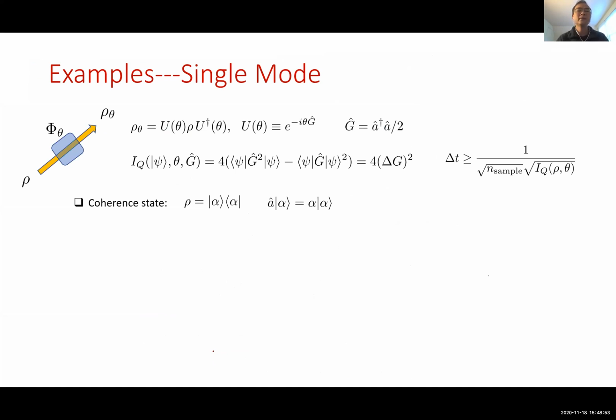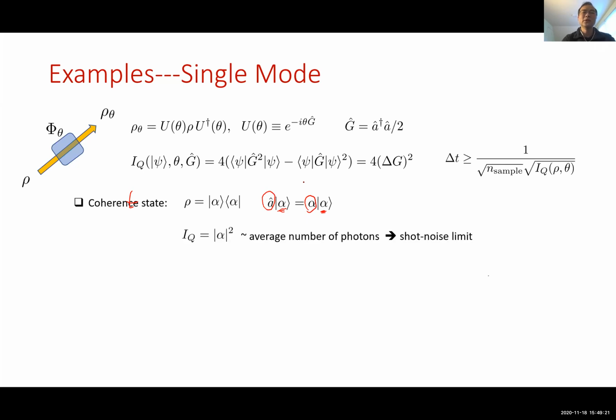Suppose I consider a coherent state. I hope you still remember coherent states. These are states that behave really like a classical oscillator. If you take the annihilation operator acting on the coherent state, it will just return this coefficient alpha.